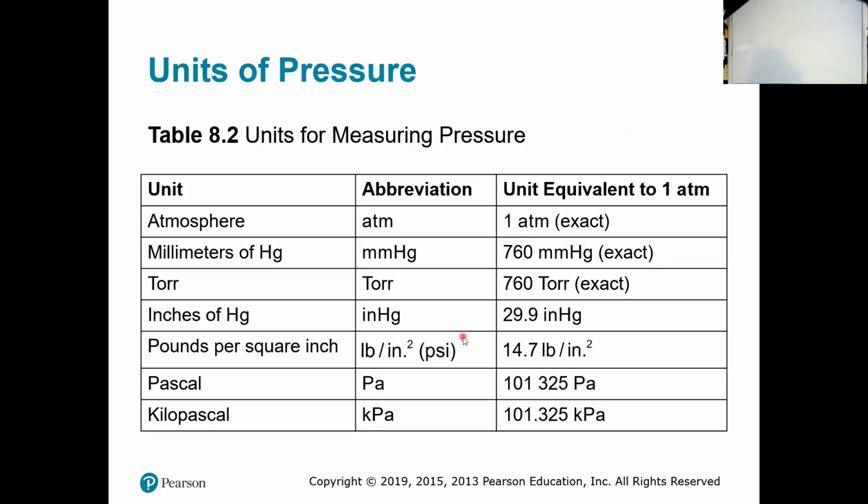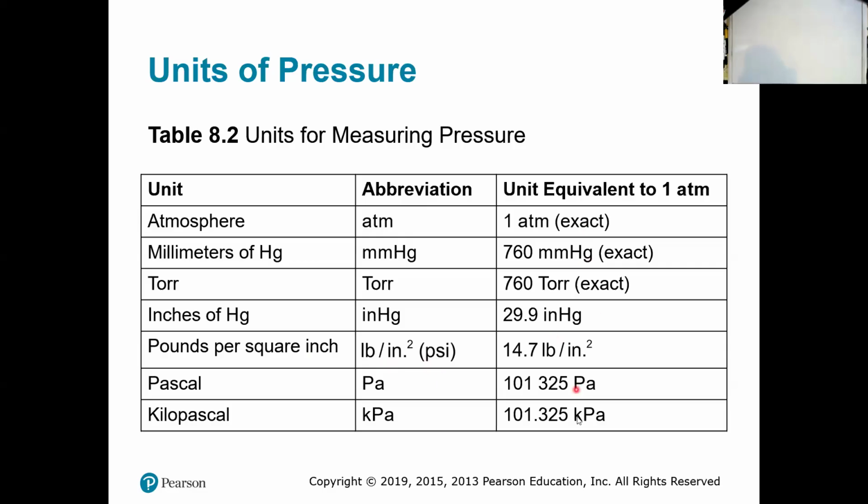Here are some other pressure units that are common. You do have to be able to use all of these units in calculations, so they're written out this way. They tell you the unit name and the common abbreviation. Note that you can shorten pounds per square inch to symbols, or you can use the abbreviation PSI.